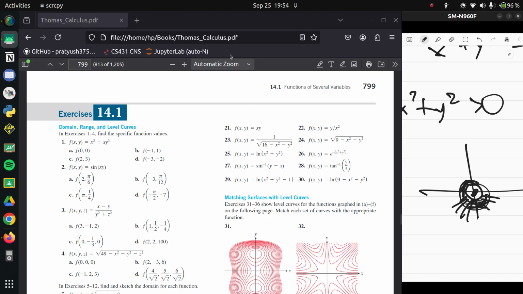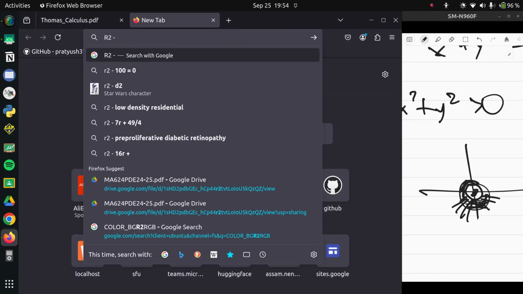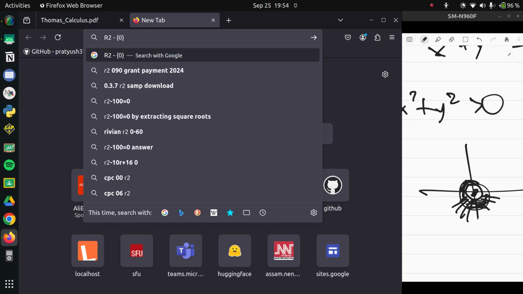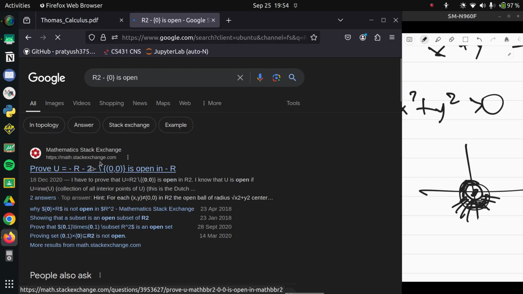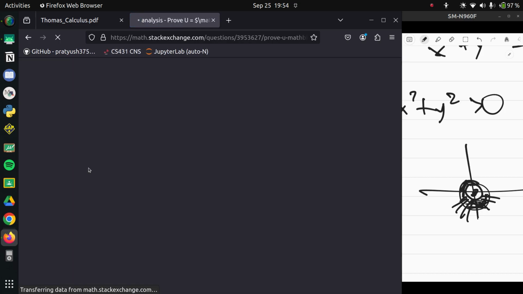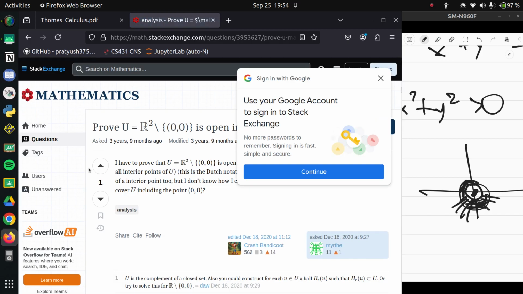Actually, I'm going to search that up. So is R2 minus the set with 0, is it open?